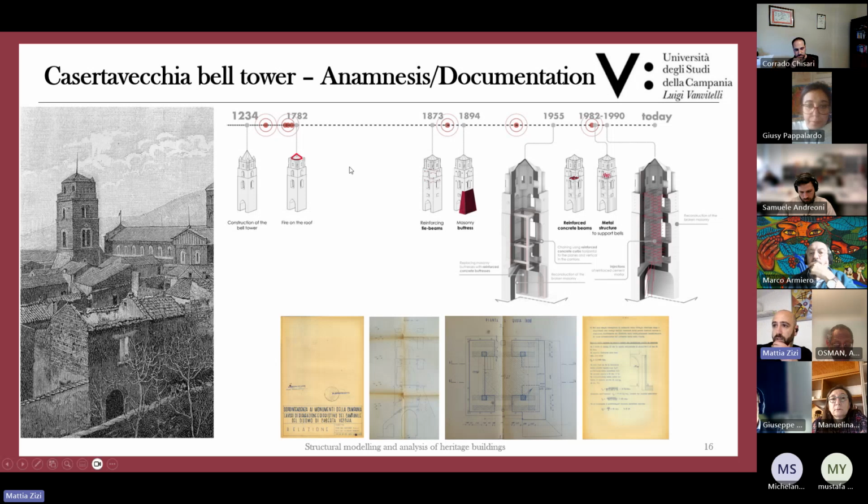Also, as you can see here in this historical picture, the tower presented some lateral buttresses that were transformed by a very important intervention performed in the last century, which included also the introduction of an internal reinforced concrete frame.